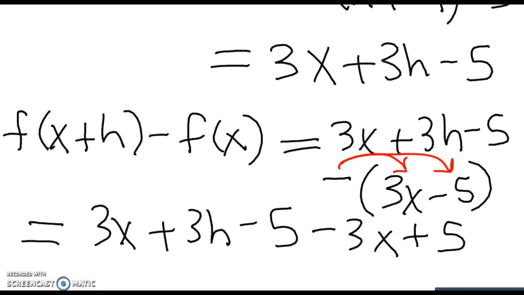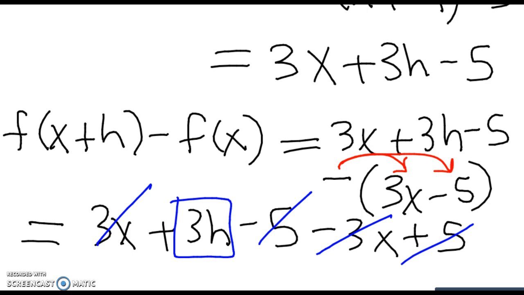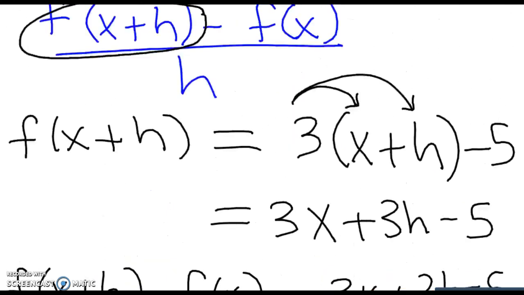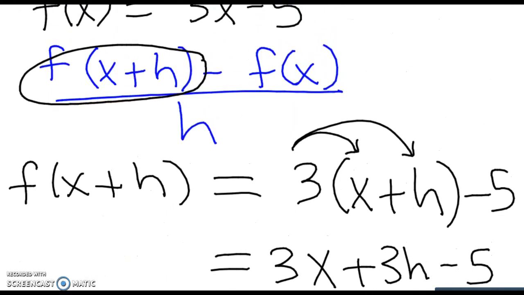We can see here that some of our terms will cancel out. The 3x minus 3x cancels out or equals 0. Negative 5 plus 5 is also 0, so we're left with 3h. Now, if we go back to the formula, our difference quotient is f of x plus h minus f of x, which is what we just calculated, to equal 3h.